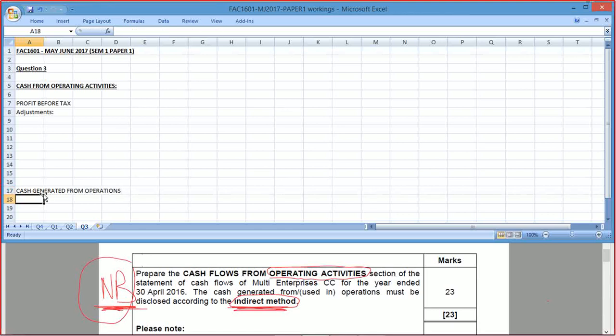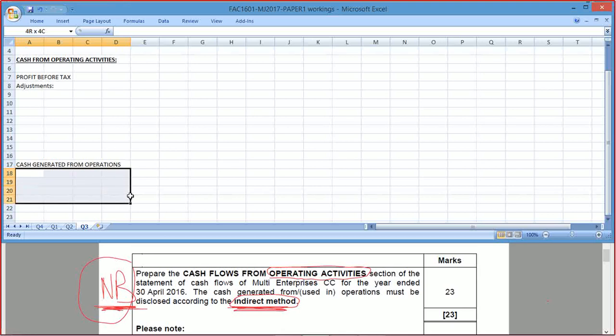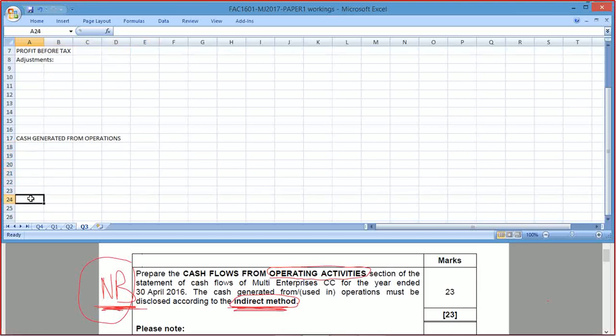Then you have a few other line items like interest and tax, and then you have a final total which is cash flow from operating activities. That's what your indirect method looks like.